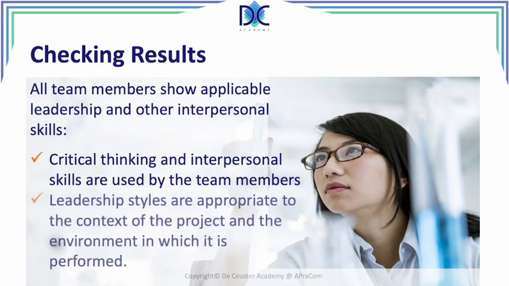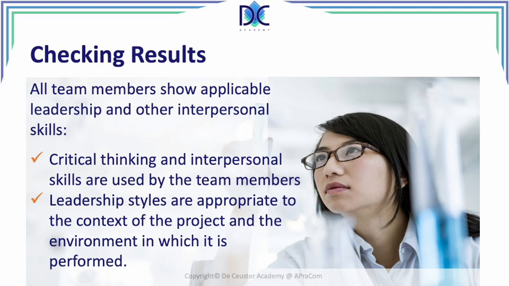Leadership styles are appropriate to the context of the project and the environment in which it is performed. Leadership can change depending on the situations. So when we see that the team is adjusting the leadership style to deal with the specifics of the project, then we know that they're using the leadership and interpersonal skills necessary for effectively leading the project.